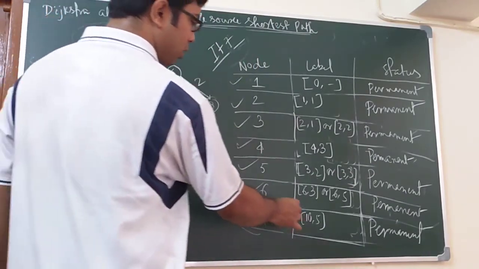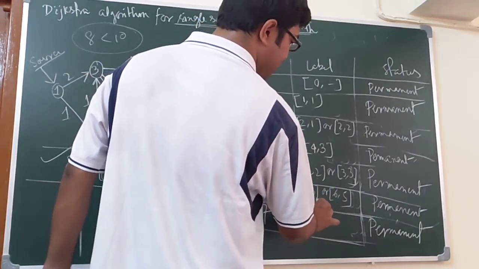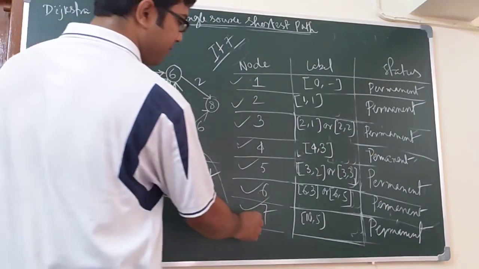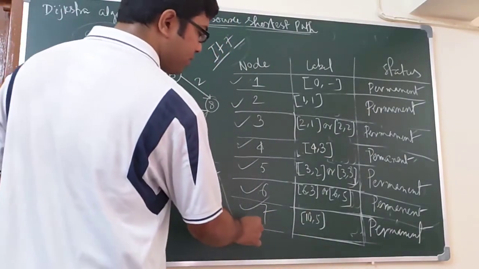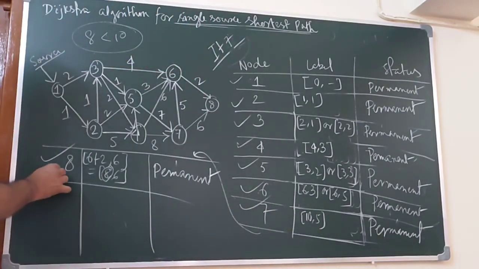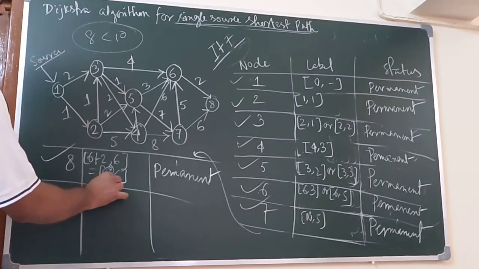Node 6 has level value 6, 3 or 6, 5, two ways. To access the 7th node, the cost is 10, 5, traversing through the 5th node. Similarly, node 8 has level value 8, 6.